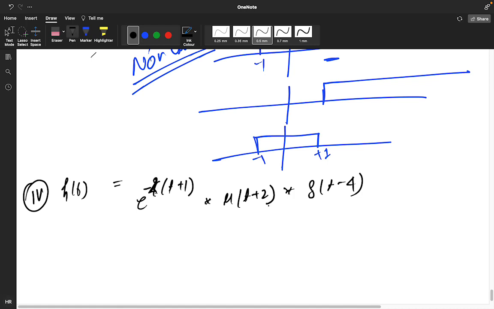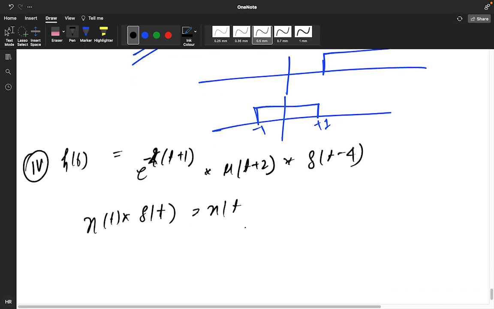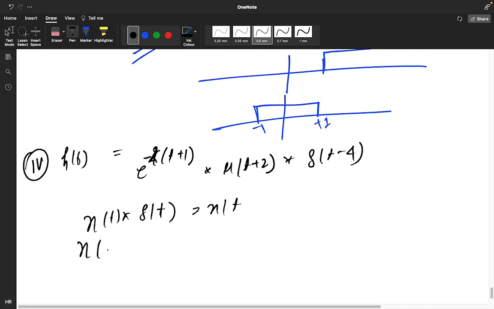What will be the answer? I told you x of t convolved with delta t will be x of t. Better to understand like this: x of t convolved with delta t plus a, the whole thing will be replaced with x of t plus a, means in place of t it will be replaced.